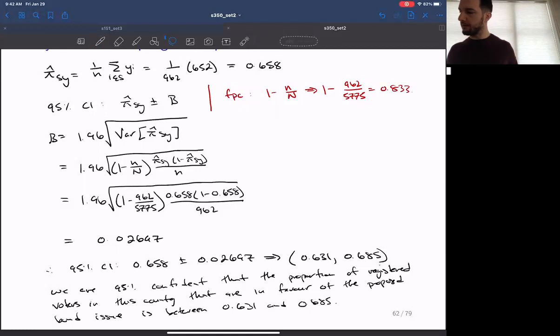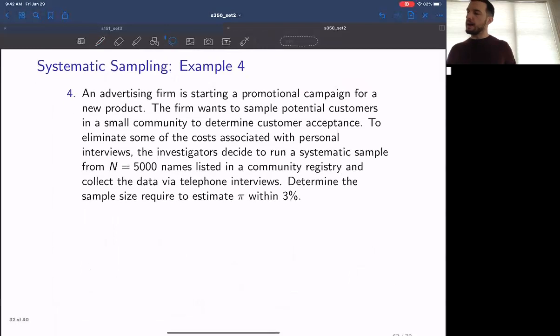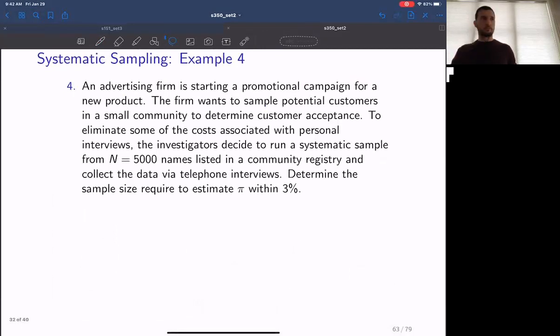Okay, so let's look at a sample size calculation problem in the context of proportion estimation. An advertising firm is starting a promotional campaign for a new product.